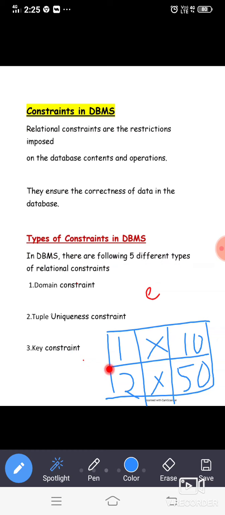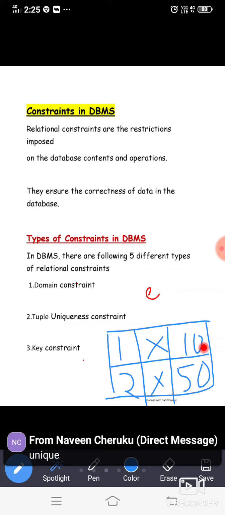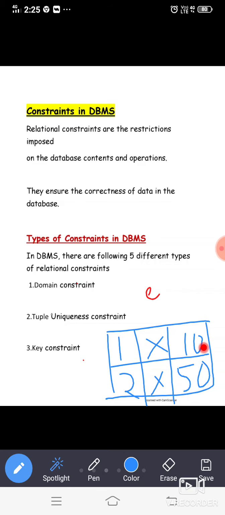I am taking two rows here. You give me the answer whether these two rows, two tuples, are the same. Tuples and rows mean the same, they have the same meaning actually. Both the rows are unique or same, I'm asking. Some people are saying unique, that's the right answer.